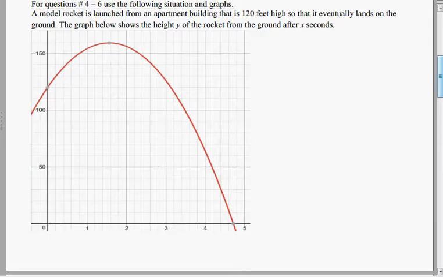Okay. Situation is a model rocket is launched from an apartment building that is 120 feet high, so that it eventually lands on the ground. The graph below shows the height y at time t. So the graph doesn't show it, but we know this is time, and here is height.